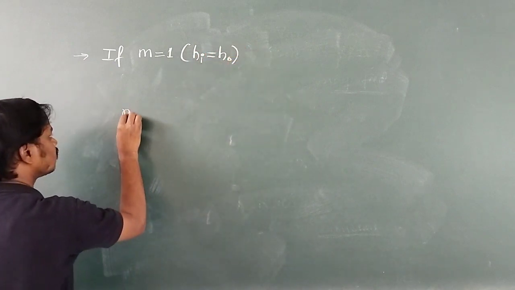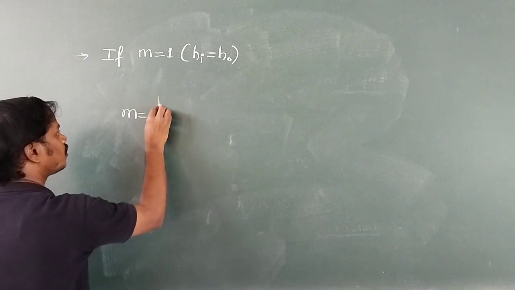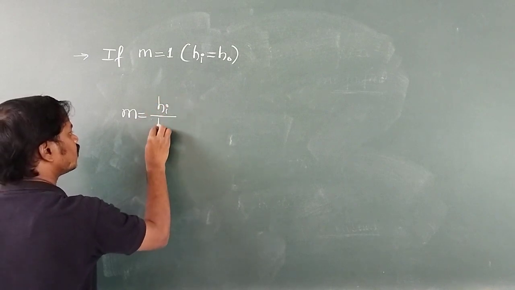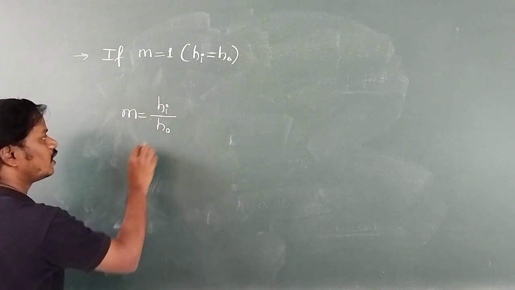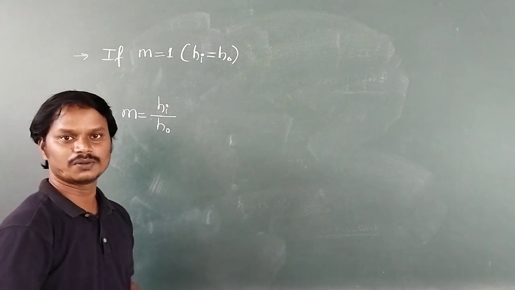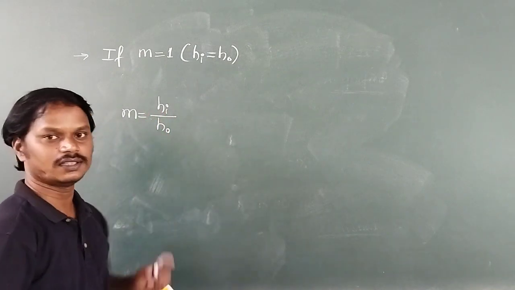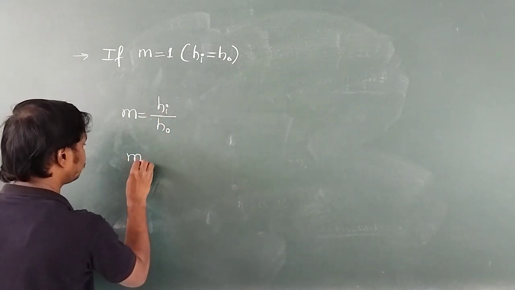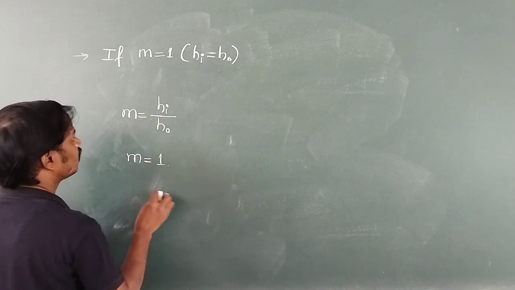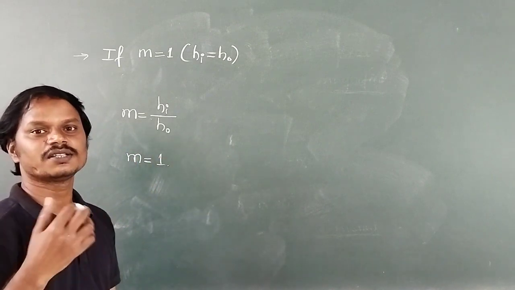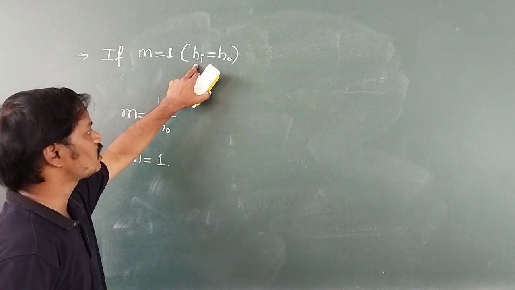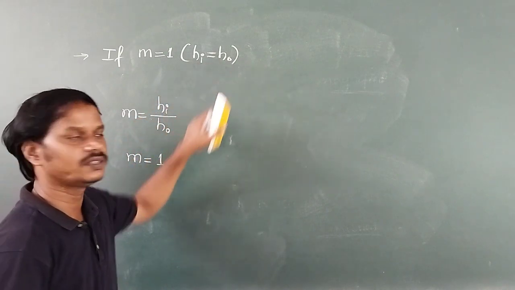So by the formula, m is equal to Hi by Ho. If the height of the image and the height of the object are both equal, then the answer is 1. Hence, the size of the image is equal to the size of the object, means the height of the image is equal to the height of the object.